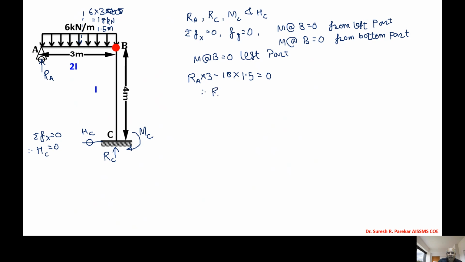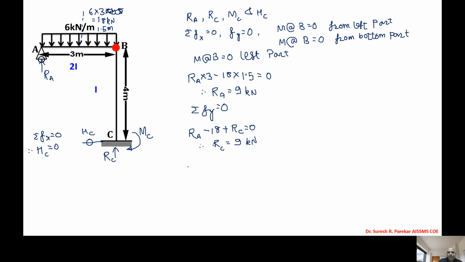And we will get RA that is equal to 9 kilonewtons. Now RA 9 kilonewton, we will apply summation Fy is equal to 0. We have RA minus 18 plus RC equal to 0 and therefore we will get RC that is equal to 9 kilonewton.